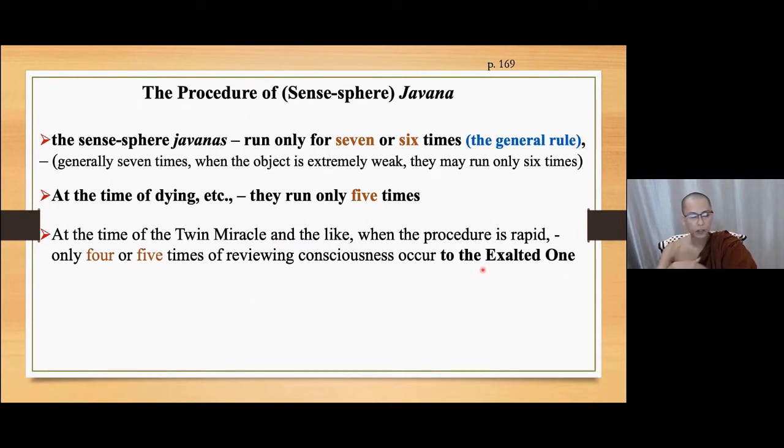Before he went to the Tavatimsa realm to preach the Abhidhamma teaching, he performed the twin miracle. At that moment, because the performance is very wonderful and very fast, it needs a very powerful mind movement. So the javana occurs just four or five times to shift to the next process.